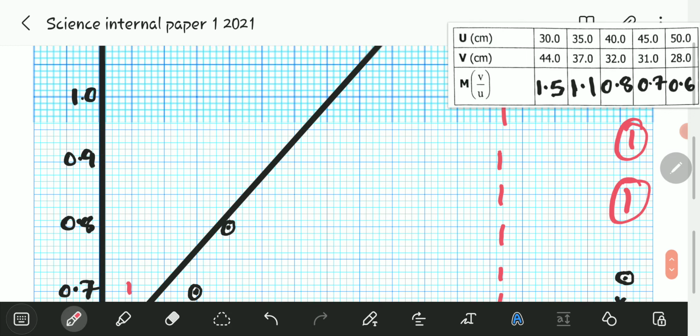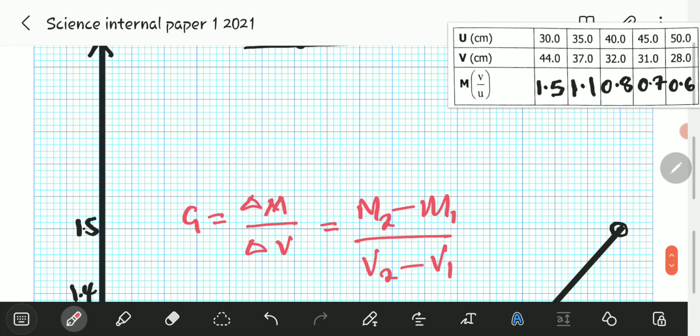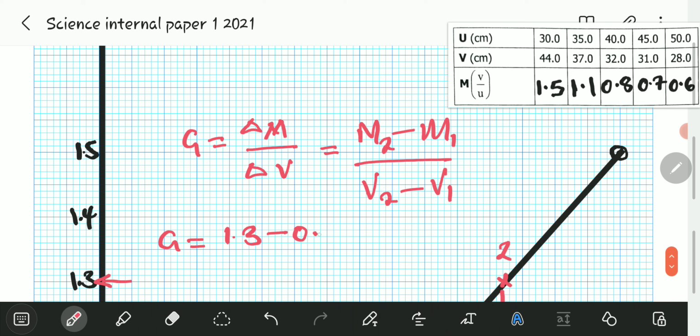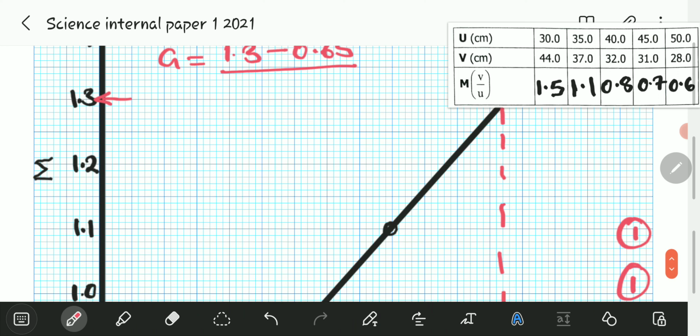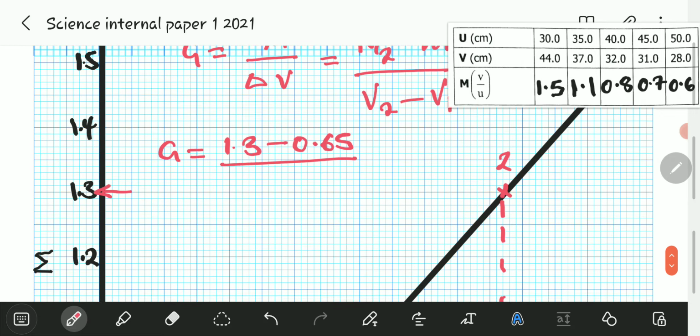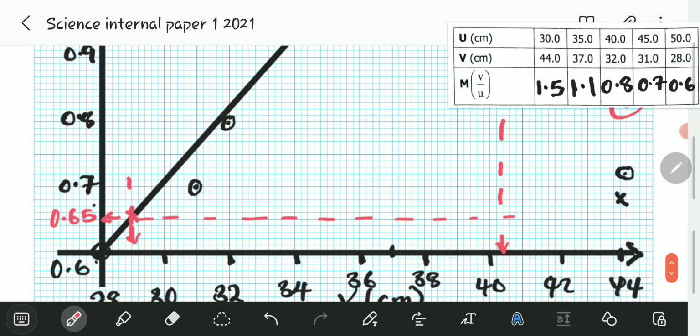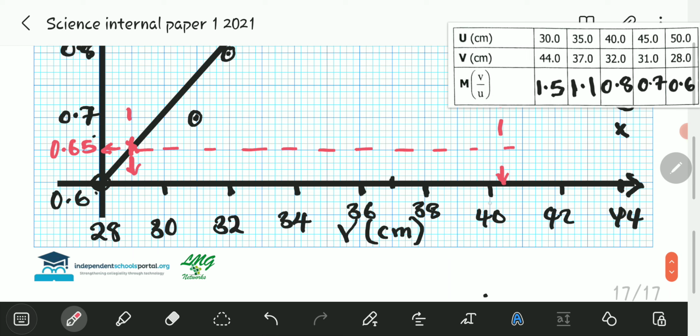So we have 0.65 over, and now we come to our second point. This is 40, and this is 41, so it means it's increasing by 2.